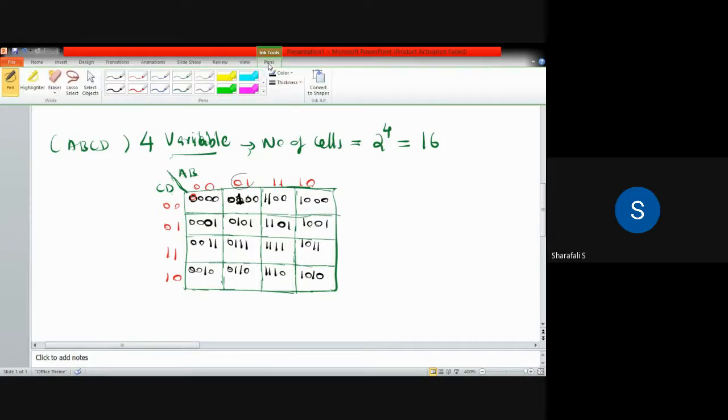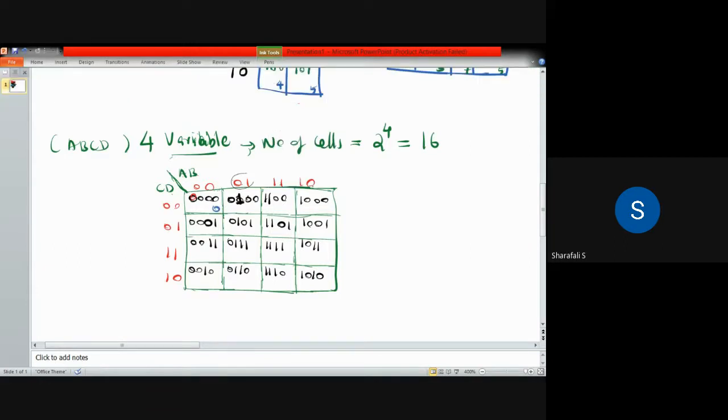Now what is the decimal value? Decimal values: here 0, here 1. This is not 2, this is 3. So this is 2, this is 3. Then this is 4, 5. This is not 6, this one is 6. This is 7. This is 8, 9.